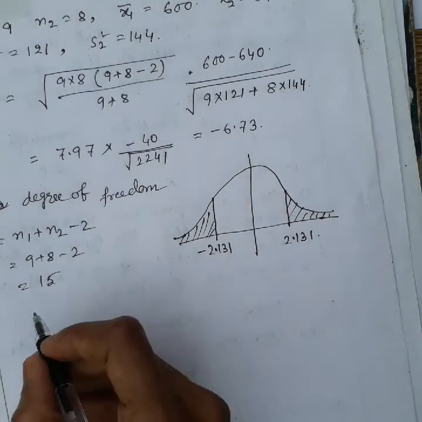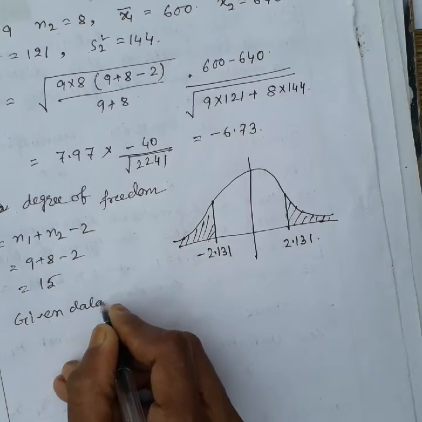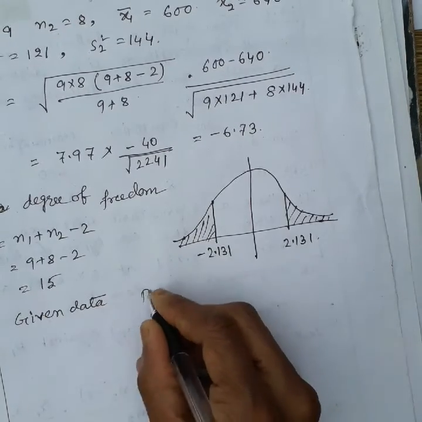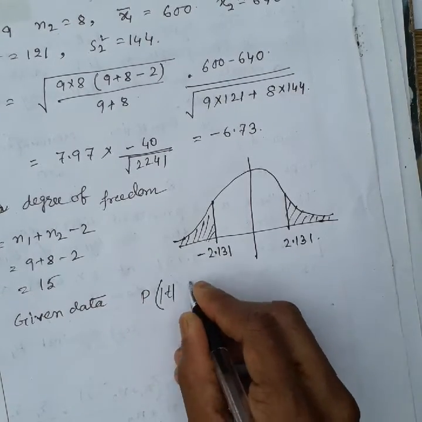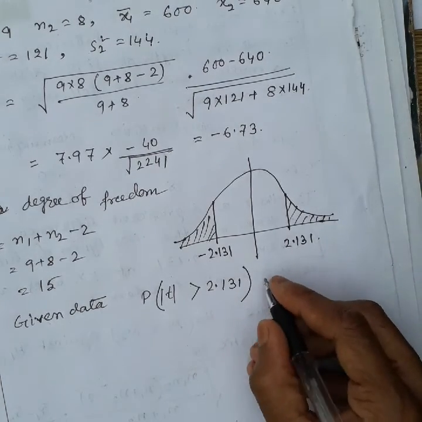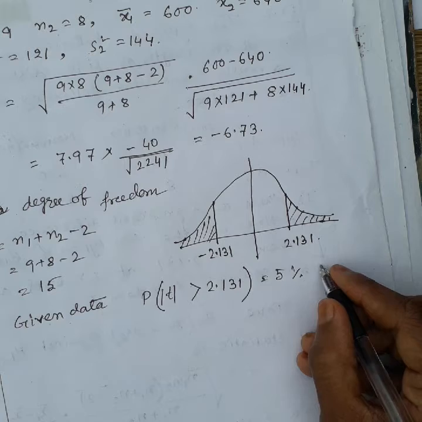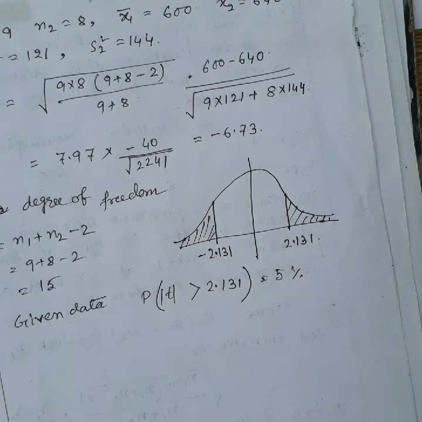And from the given data, the probability of mod of t greater than 2.131 is equal to 5%, which is shown in the figure.